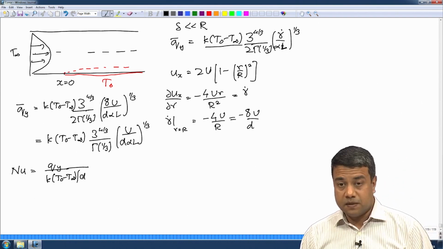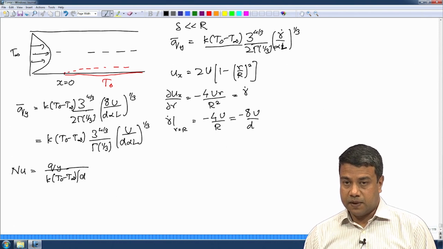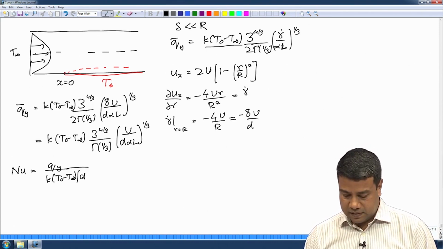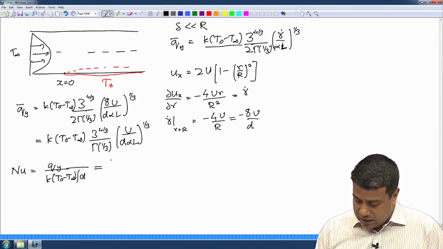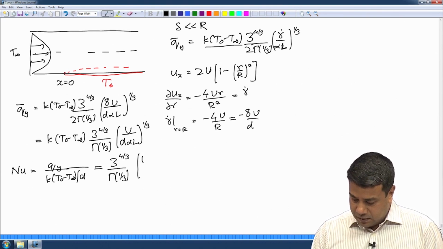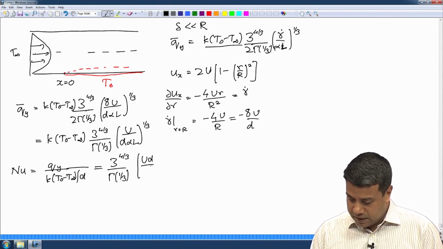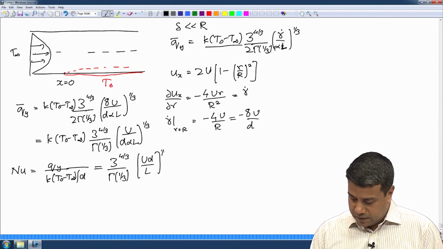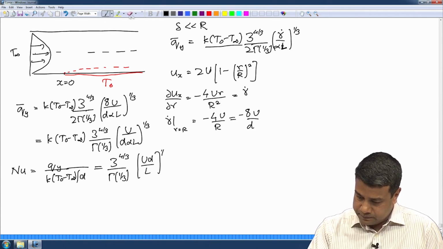It is scaled by the diameter, not by the length. For a pipe flow, this is scaled by the diameter. So, if I do that, I will get 3 power 4 by 3 by gamma of 1/3 into u d by L power 1/3, u d by alpha.